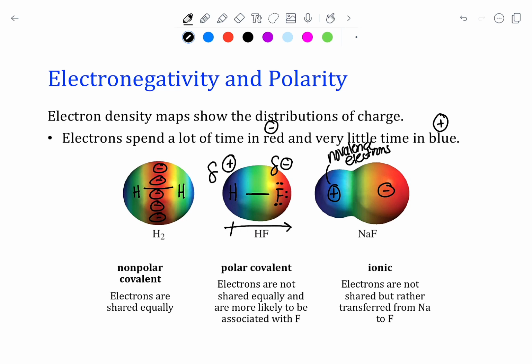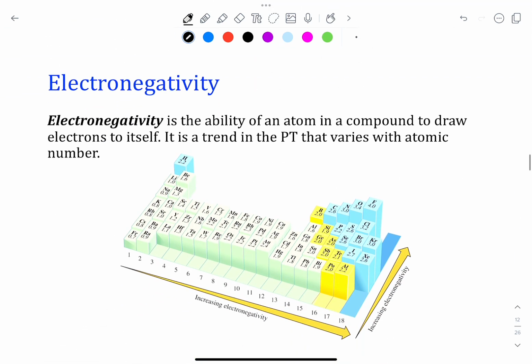Okay. So we quantify that relationship between the electrons, the pull of the electrons, using something called electronegativity. And electronegativity is the ability of an atom in a compound to draw electrons to itself. And electronegativity has a trend on the periodic table that varies with atomic number.